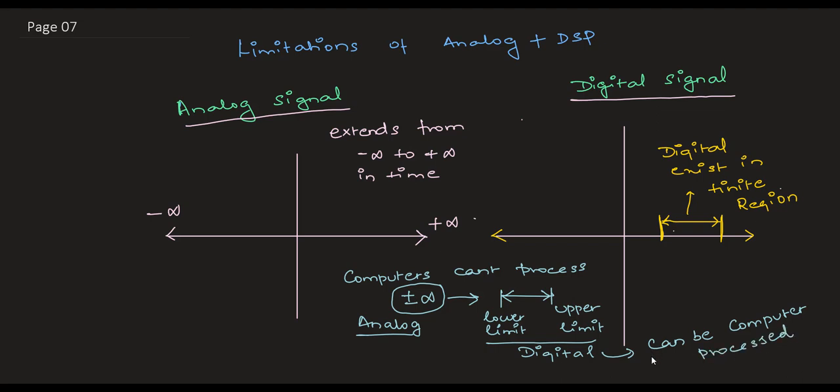That is why people used to say, like with the gramophone, that we need analog sound systems rather than digital sound systems, because digital cannot match the analog device. But on the other hand, analog signals or analog systems are subject to wear and tear over a period of time. That wear and tear will definitely hamper the quality of analog audio or analog signals, whereas the digital sound that we store in the computer has infinite life.